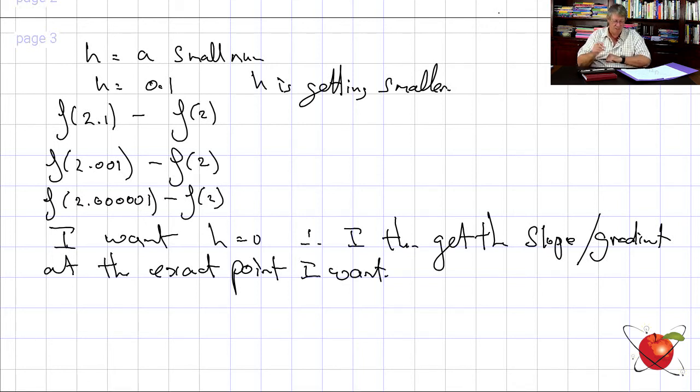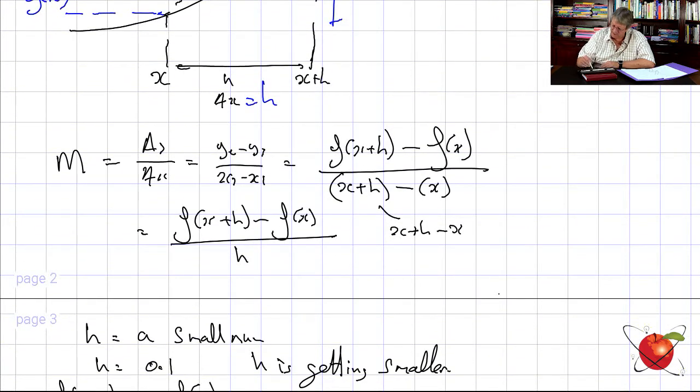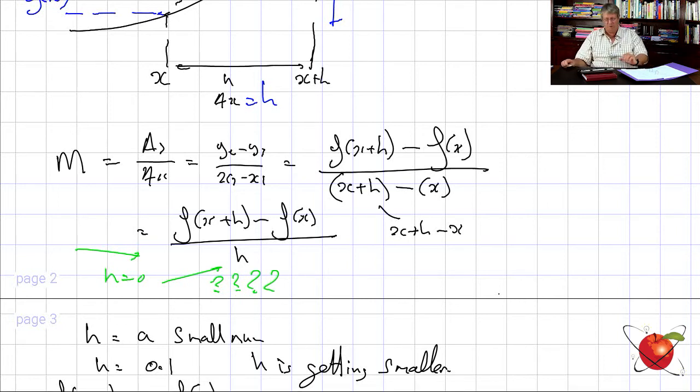This is where we are. So essentially, the slope is equal to that, and we're now going to have a problem because I'm saying that the gradient, let me go back up to my gradient formula. My gradient is this. But what if h is equal to 0? We've got a problem. We can't make h equal to 0 because that won't let us.